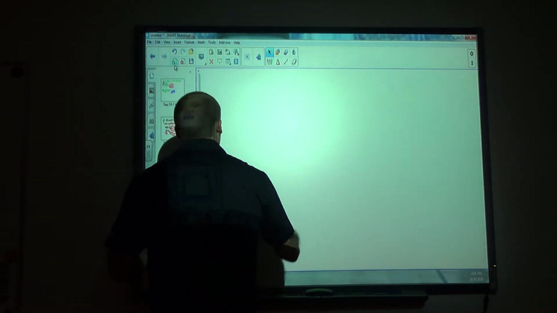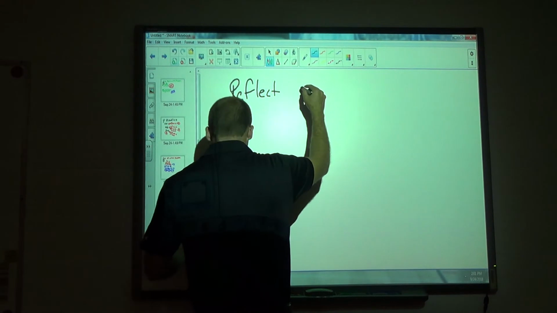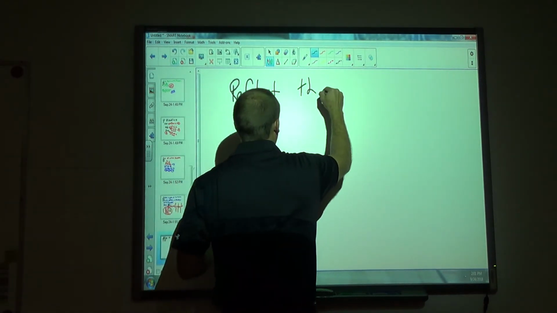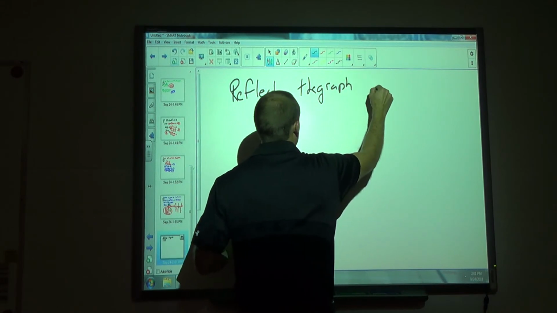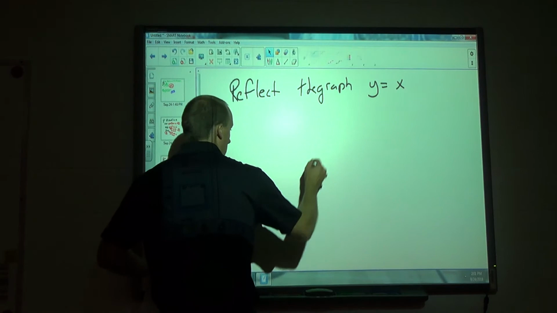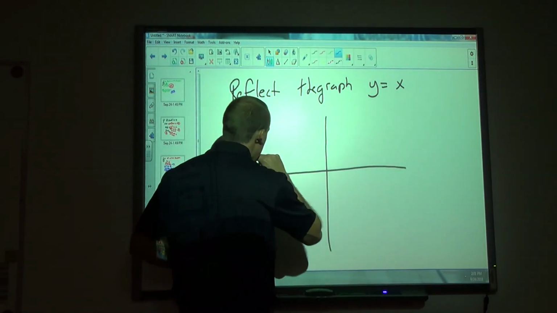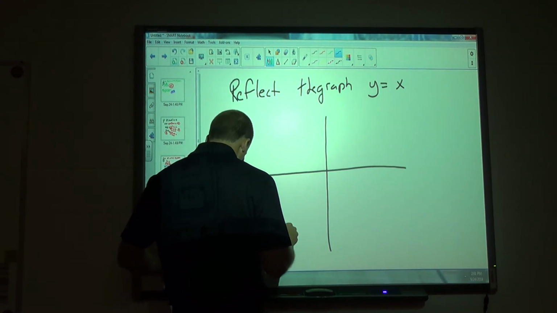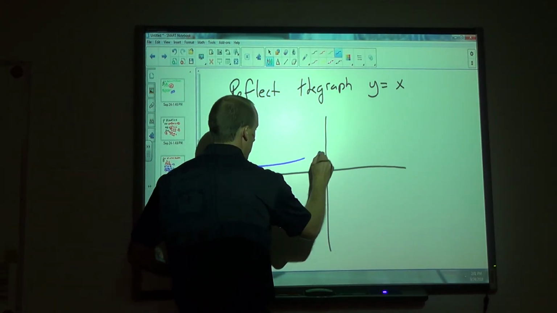So let's say I say reflect. This is the inverse stuff now. Reflect the graph across the line y equals x. Okay, so here's my graph. Let's say I make my graph look like this.